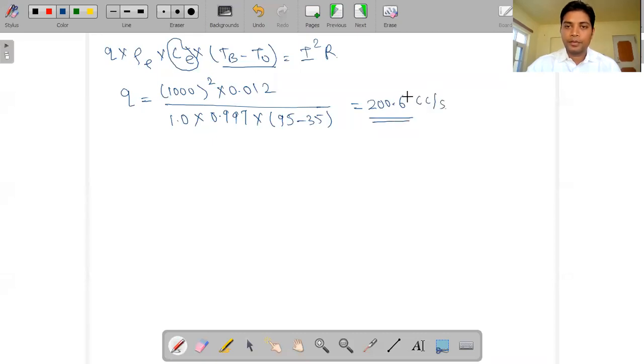We take it directly in cc per second because the density is already given in gram per cc. Whatever value you get here, in watt or joule, is directly proportional to the watt or joule on the other side, so the value will be in cc per second only. Please keep that in mind.